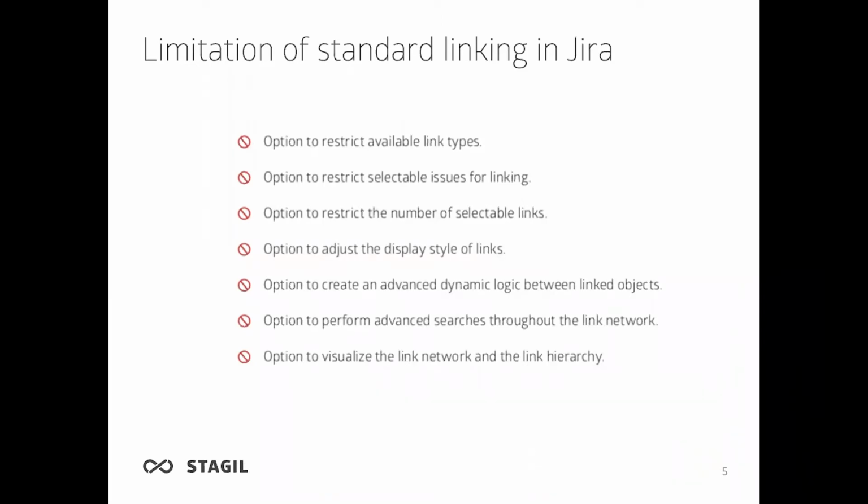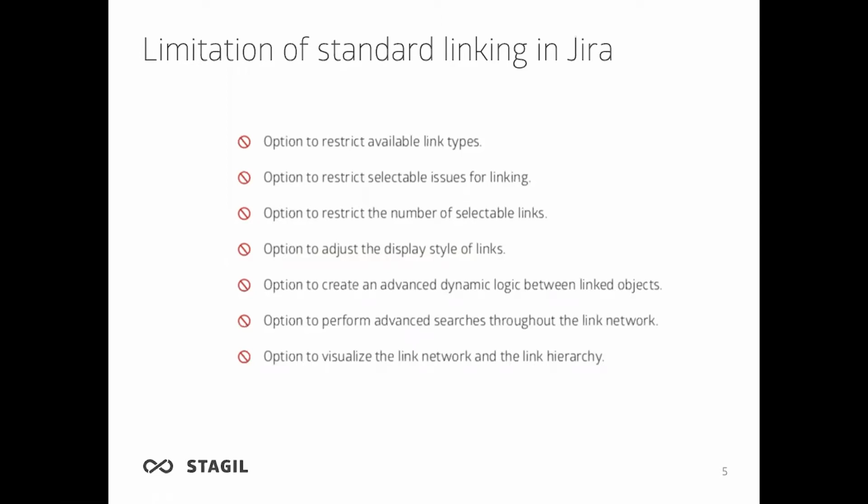It's also basic, so there is no option for advanced dynamic logic or anything more sophisticated, which could serve different needs. Advanced search is also not possible, nor is any kind of visualization of the network.